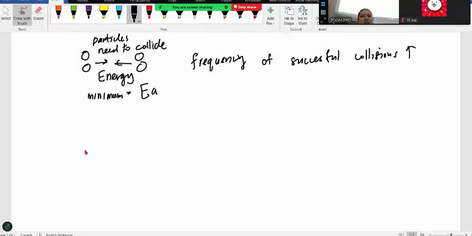Okay, so just now we learned temperature. When the temperature is higher, the rate of reaction is obviously higher, right? Why? Are the particles moving faster or moving slower? Faster. So when they're moving faster, what energy is that called? Kinetic.